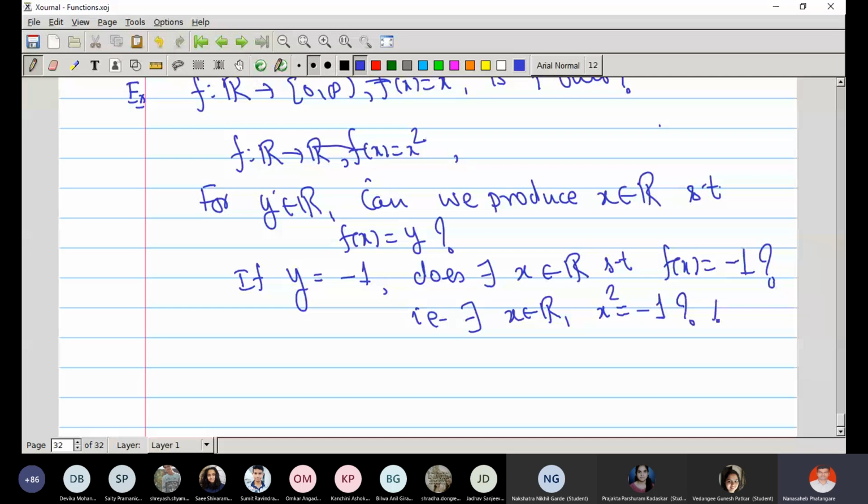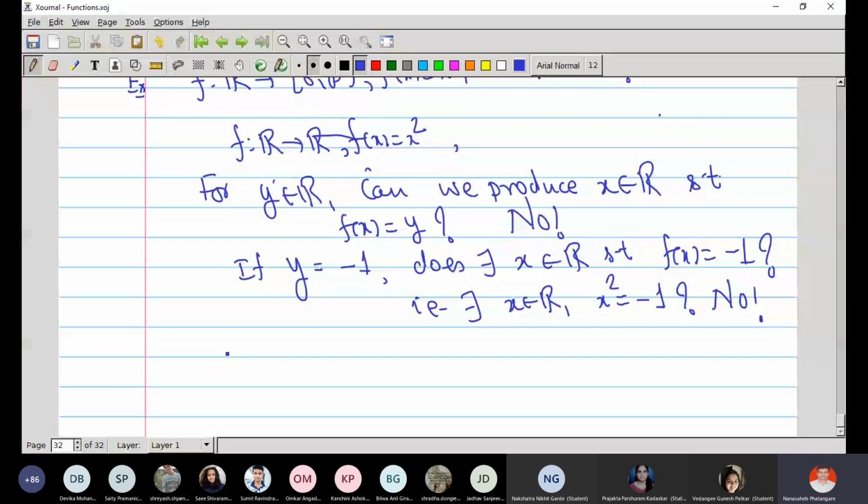The answer is no, because there is no real number whose square is negative. The square of every real number is always non-negative. So this is not possible. For such a y in the codomain we cannot produce x which is a pre-image of that y.